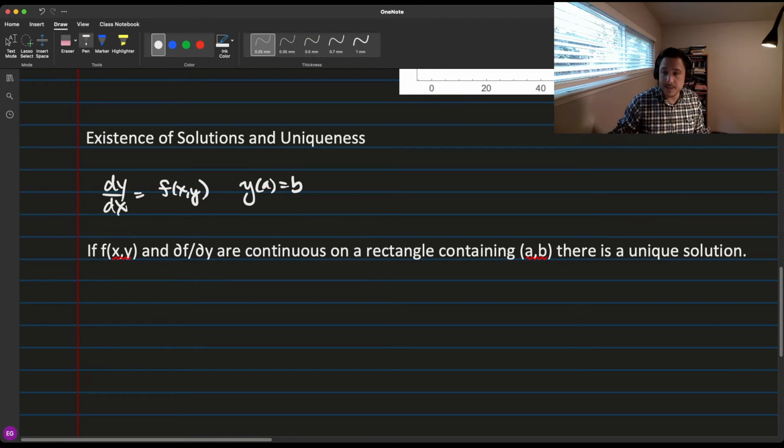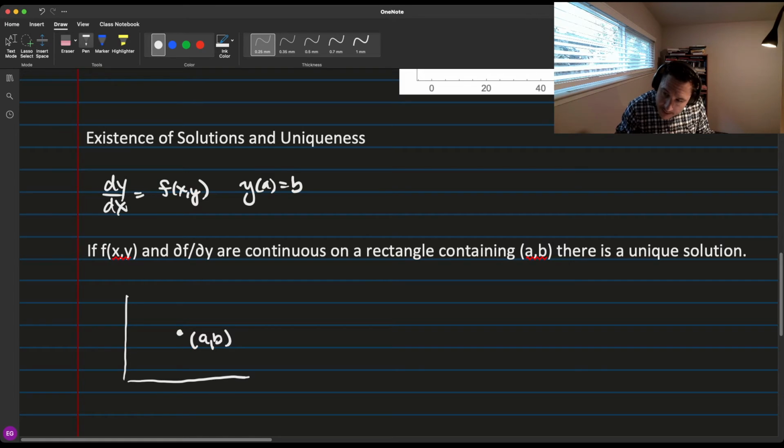So what do I mean by this? You have your initial point right here, (a, b). You make some box that this is in. So let's say that you're able to go up and down epsilon in the y direction, and left and right delta in the x direction.